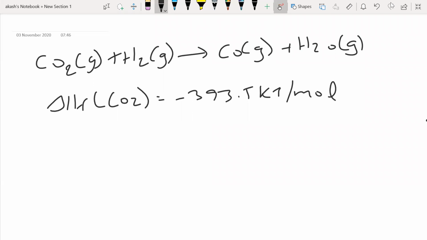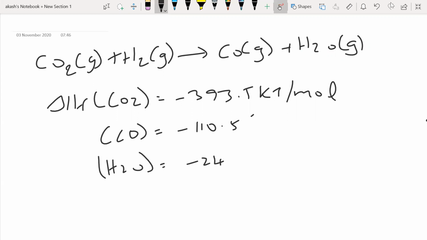And they have given delta Hf of CO to be equal to minus 110.5 kilojoules per mole, and for H2O, delta Hf of H2O, they have given to be minus 241.8 kilojoules per mole.